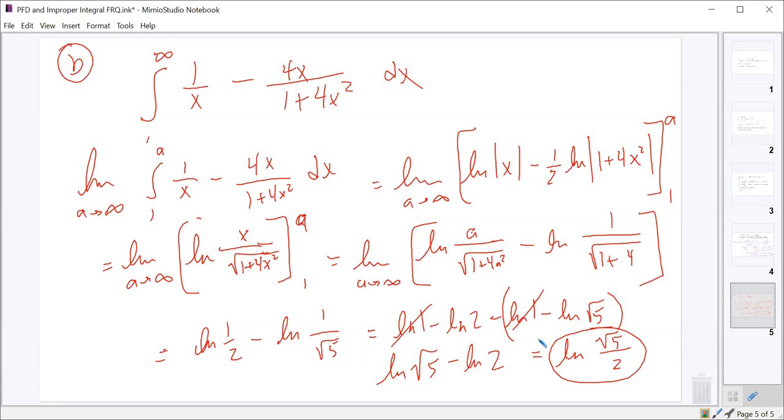I think the scoring guideline has it as 1/2 the natural log of 5/4, which is also fine. So just rewrite this as square root of 5 over the square root of 4, pull the 1/2 out, and it's 1/2 natural log of 5/4 is what they wrote, but our answer is good too.